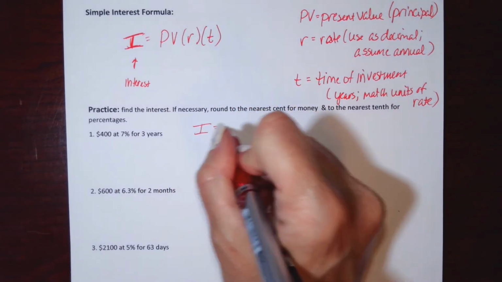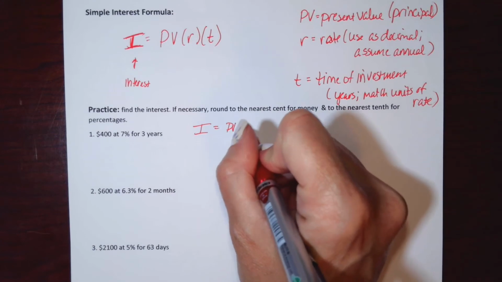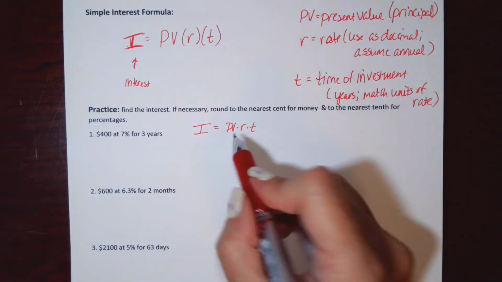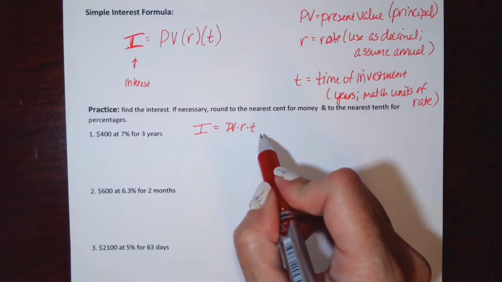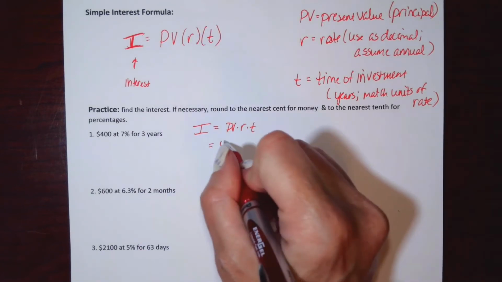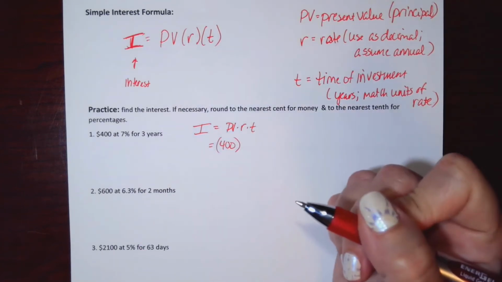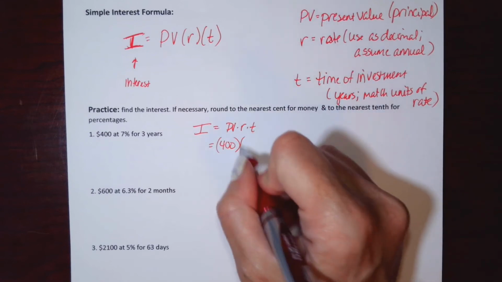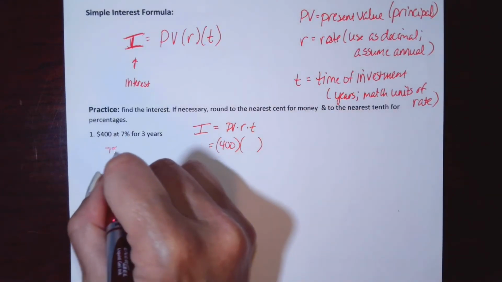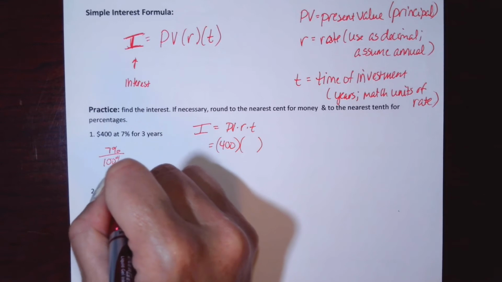So always start by writing your formula. I equals PV times R times T. This helps you keep track of what you know and what you're looking for. 400 is our present value. It's what we're investing. Our rate is 7%, which is 7% out of 100%.